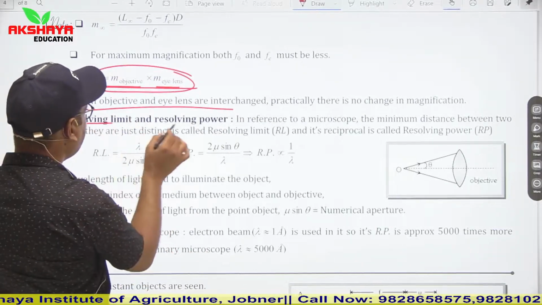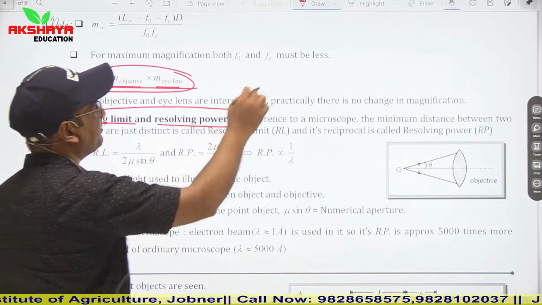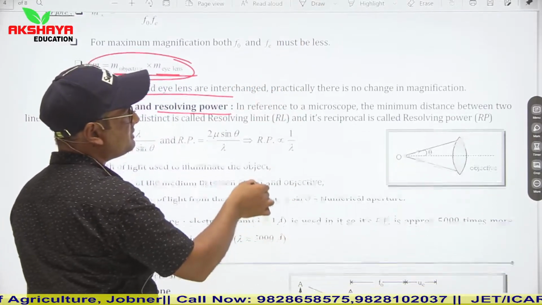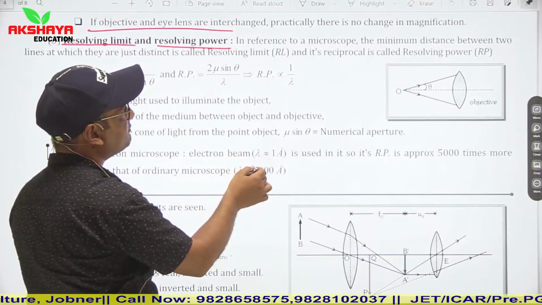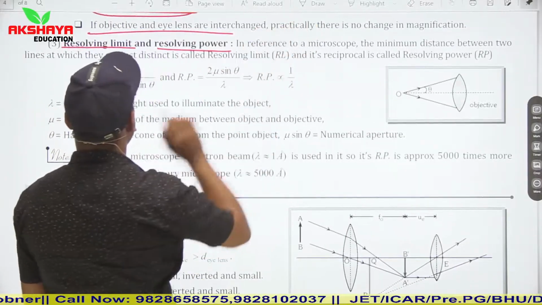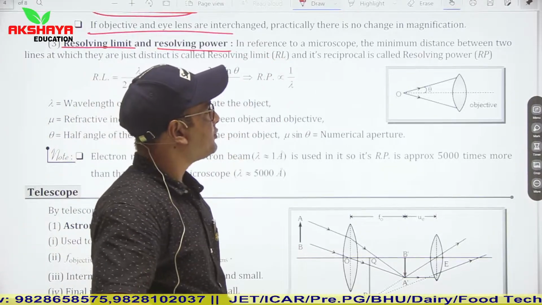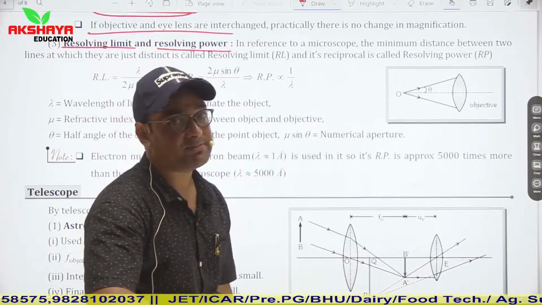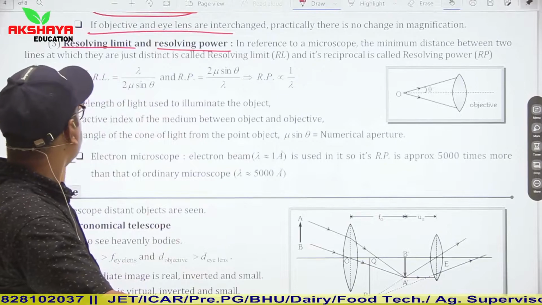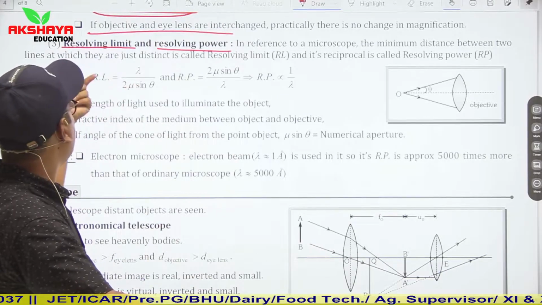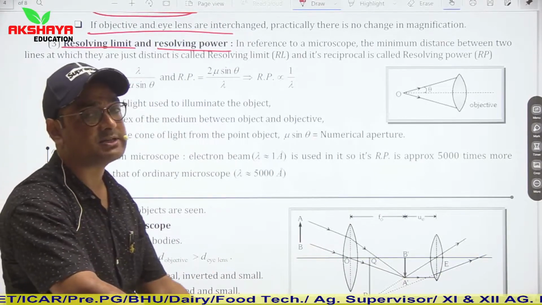Now see the resolving limit and resolving power of a microscope. Generally questions in NEET and JEE are asked from this topic. In reference to a microscope, the minimum distance between two objects or two lines at which they are just distinct is the resolving limit.